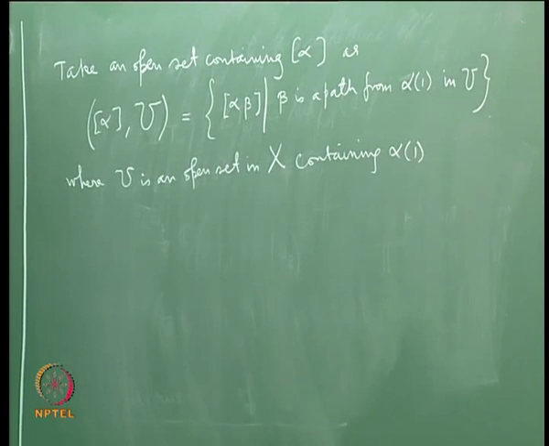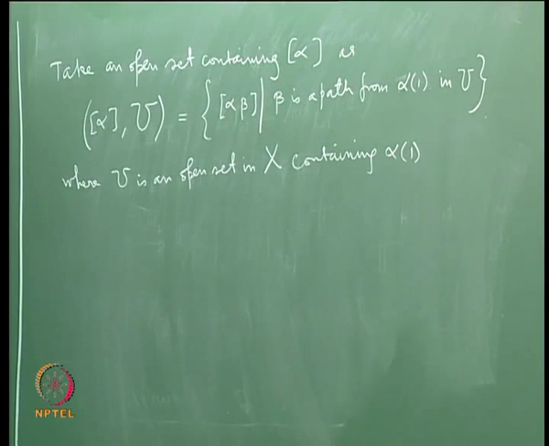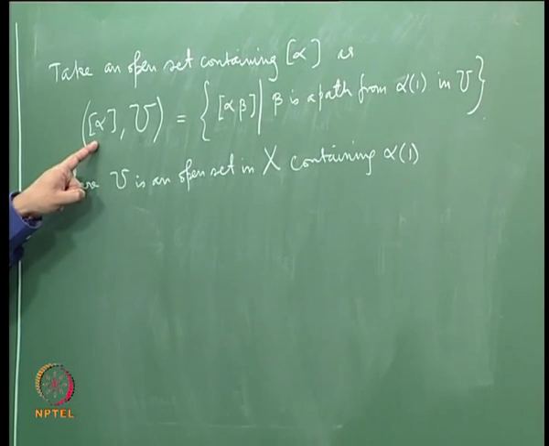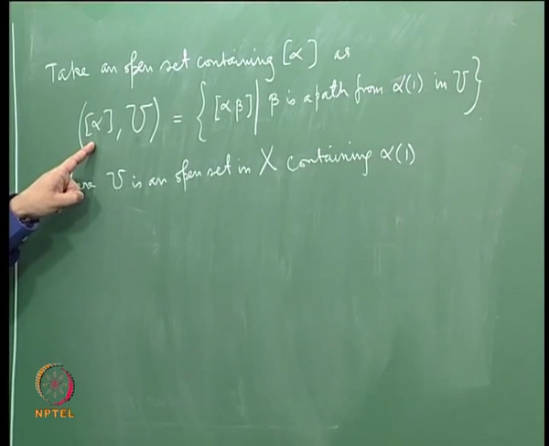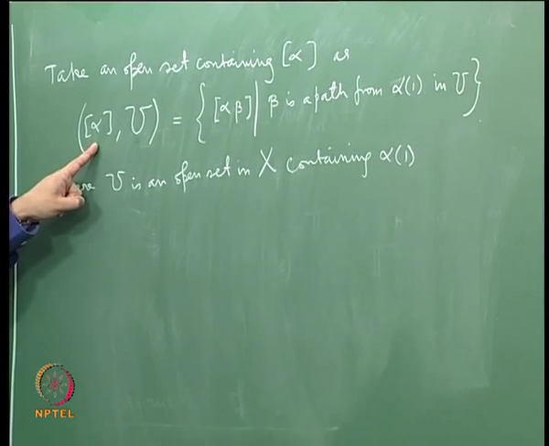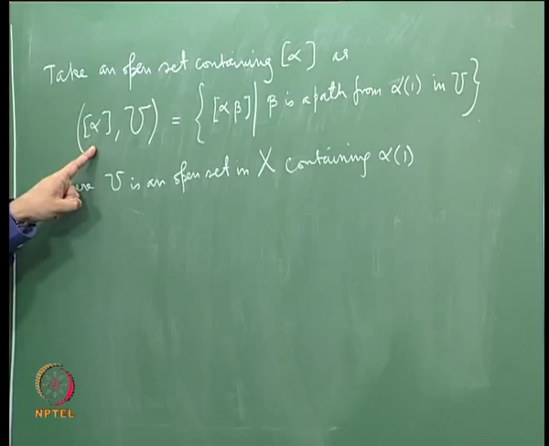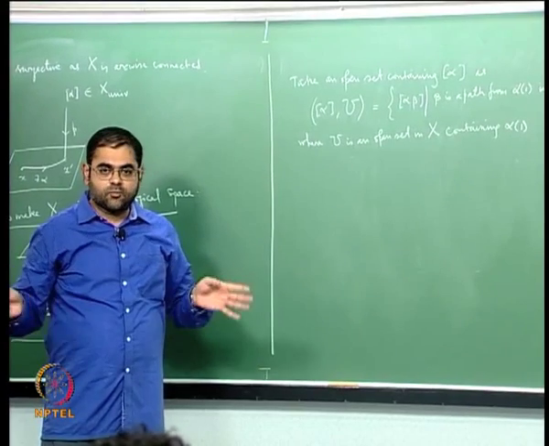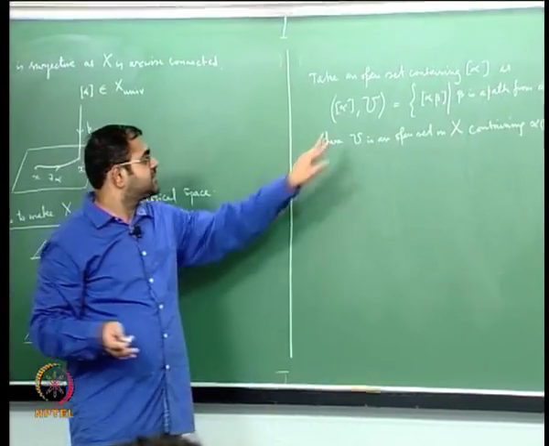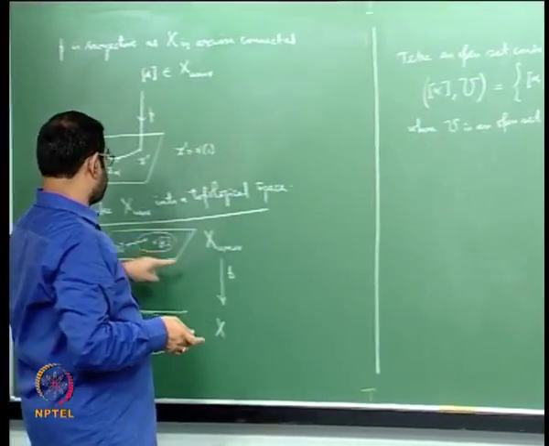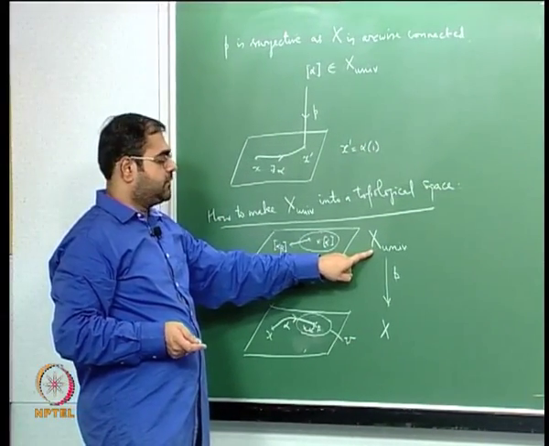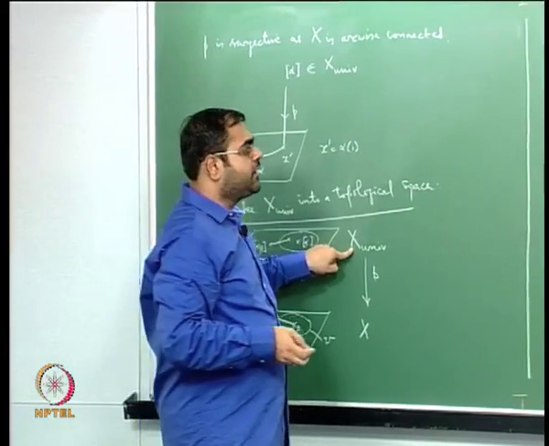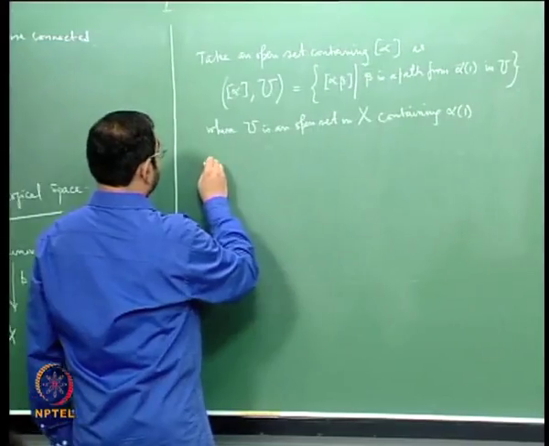That means that if you take finite intersections of sets like this, and then take arbitrary unions, these are going to give you all the open sets, and sets of this form are certainly going to cover this whole set.